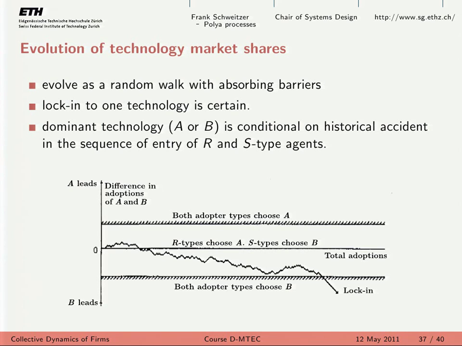That means in the beginning you have a bias because of the preferences, but then it really depends on the sequence in which agents enter the market and how many other agents are there, and then you end up either here or there, right? So that's again a polar process, as we have seen.